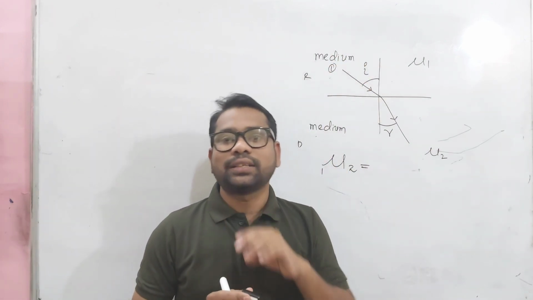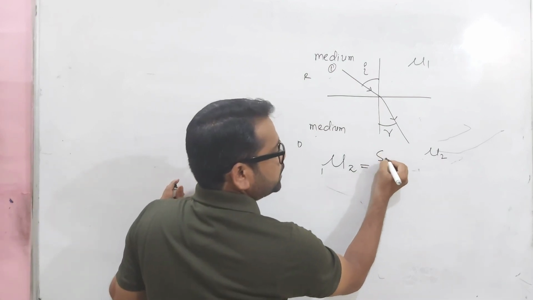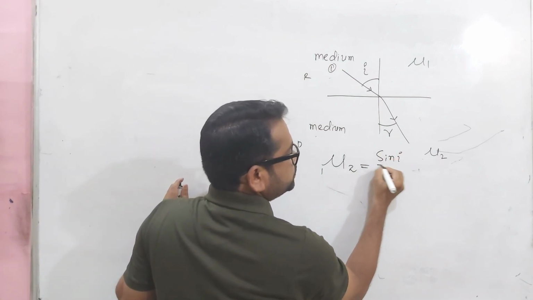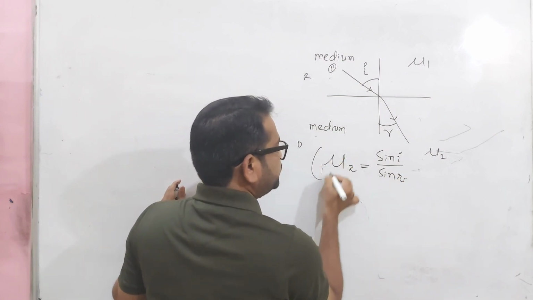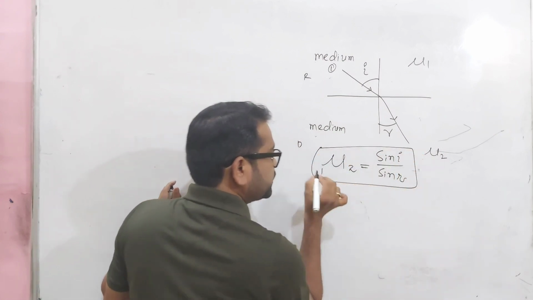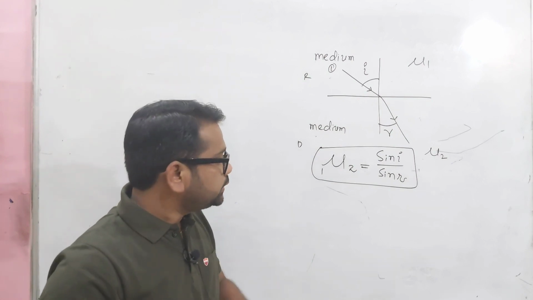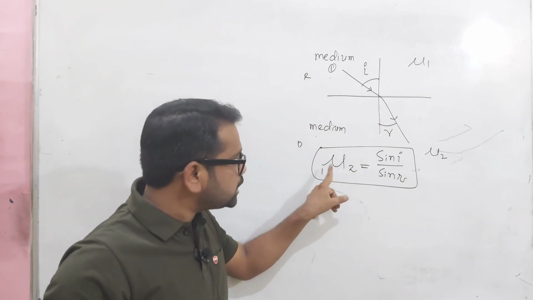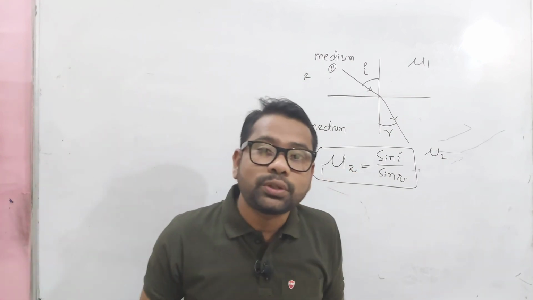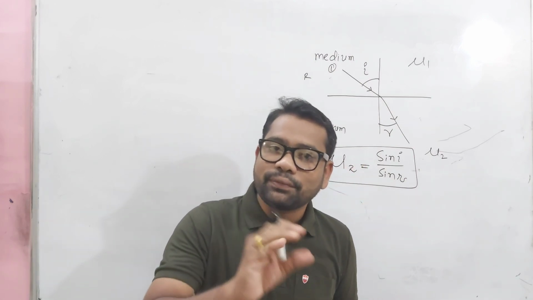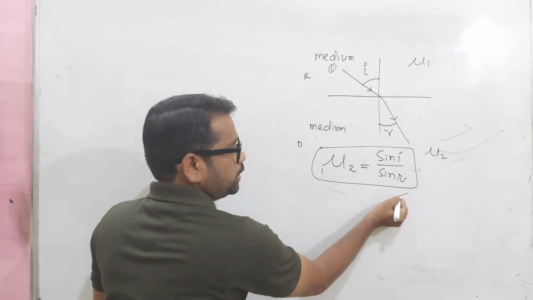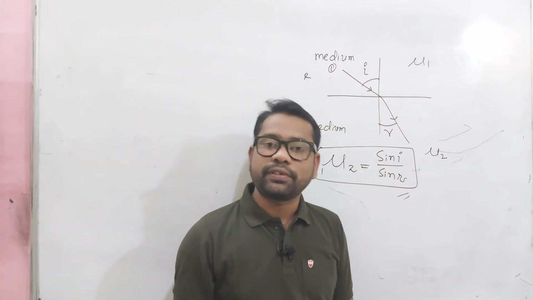It is equal to the sine of the angle of incidence to the sine of the angle of refraction. This is Snell's law of refraction, and we have to remember it in order to understand the principle of reversibility.